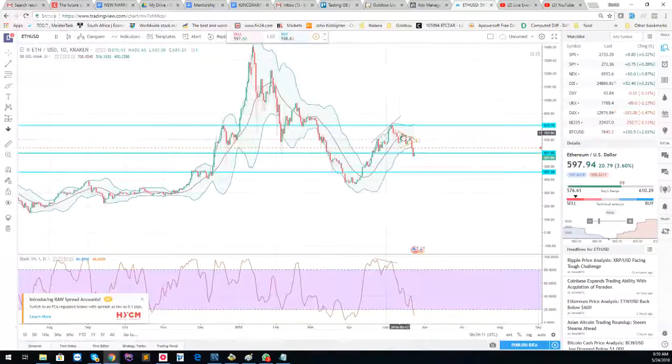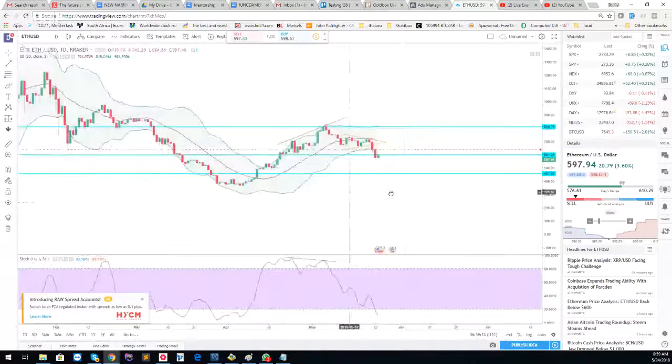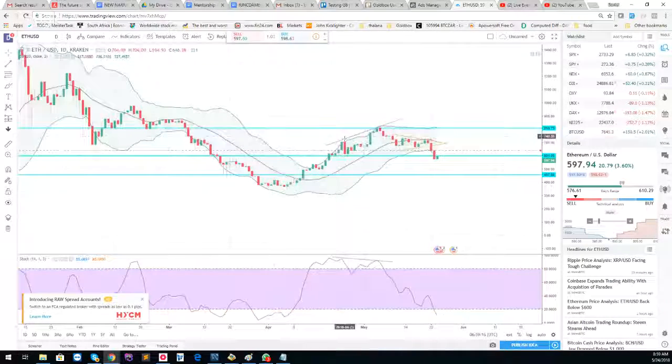Then Bollinger Bands was indicating a loss of momentum and speed because it was closing outside and then pierced the Bollinger Band. Stochastic was in an oversold position as well, but the most important thing about the stochastic, it was in divergence, which says it's a slowdown of speed before the price movement indicates it, which is right up there.